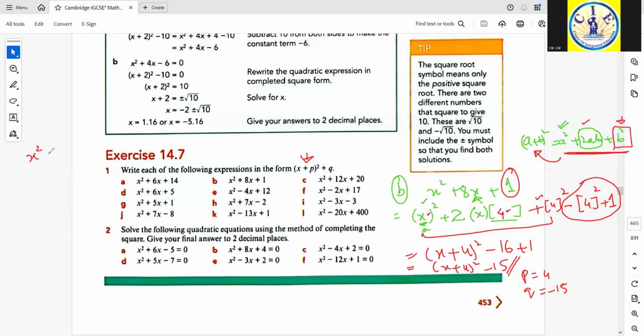if this is x squared plus 8x plus 1, you need to see that the standard procedure is that whatever is the coefficient of x, in this case 8, you divide it by 2 or halve it, and then you take its square, whatever you get.